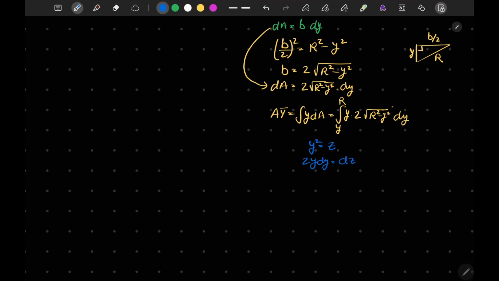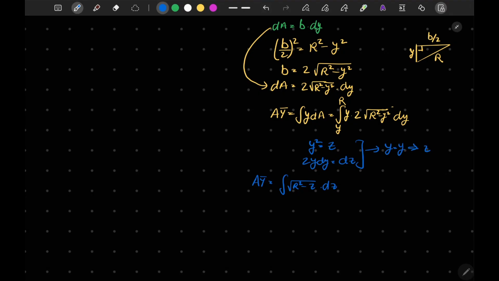So I can write A·Y bar is equal to the integration of, now 2y dy I can write as dz, so √(R² − z) into dz.